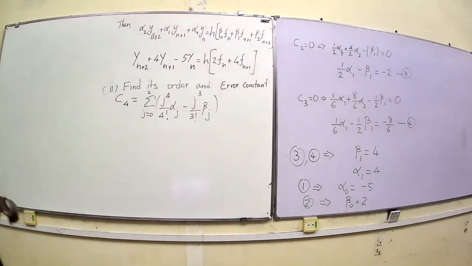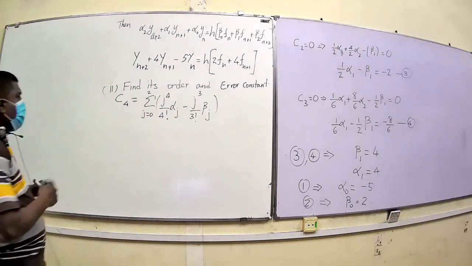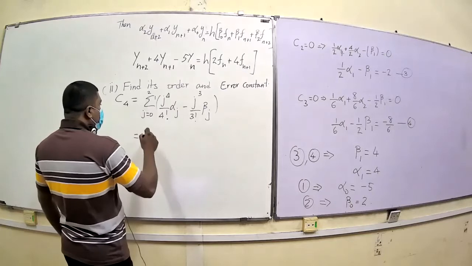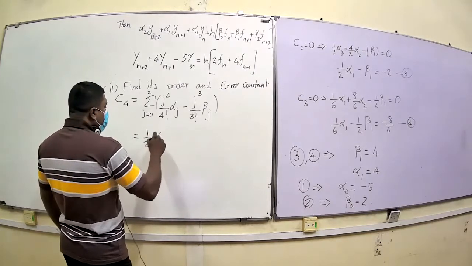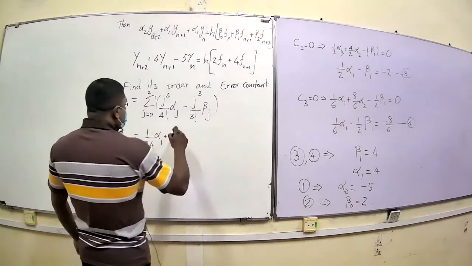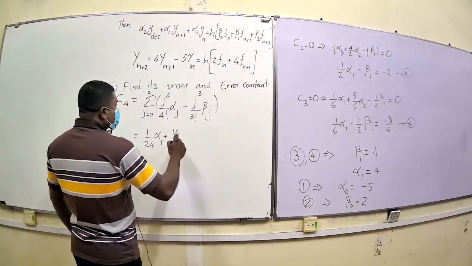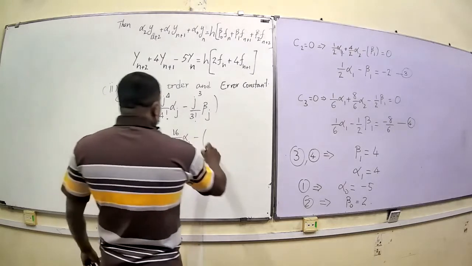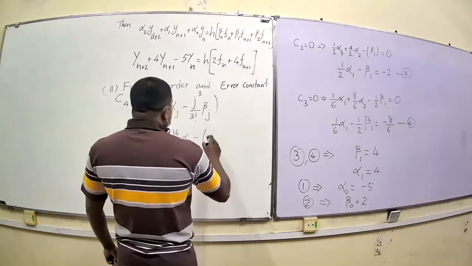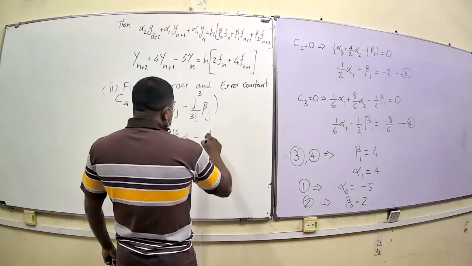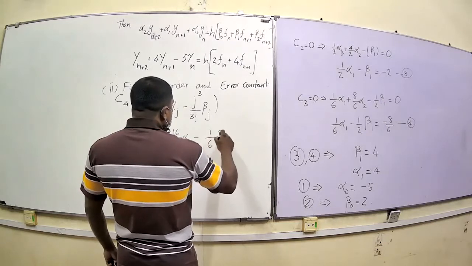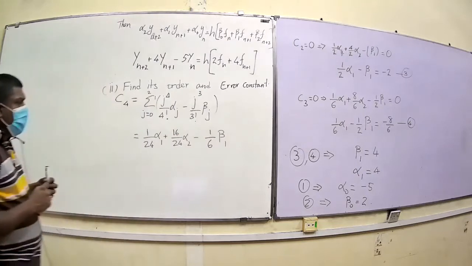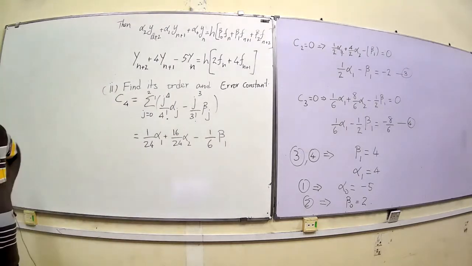So you can substitute it. When you put j equal to 0, you get 0; j equal to 1, so 1 over 24 alpha 1, plus 2 to the power 4 is 16 over 24 alpha 2, minus 1 over 6 beta 1. And so this is what you have for C4.